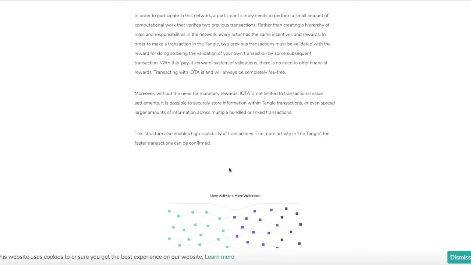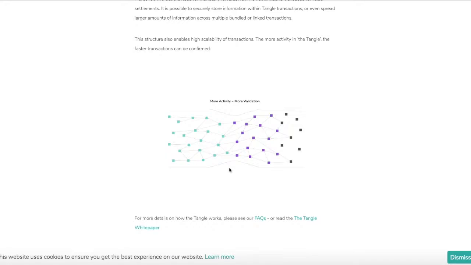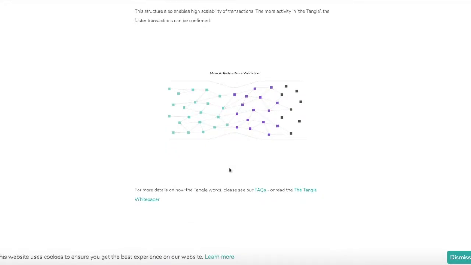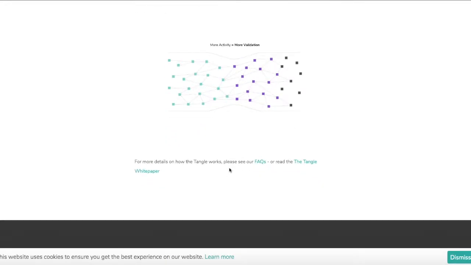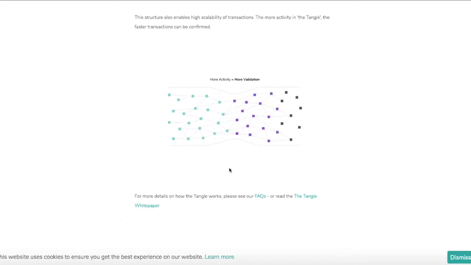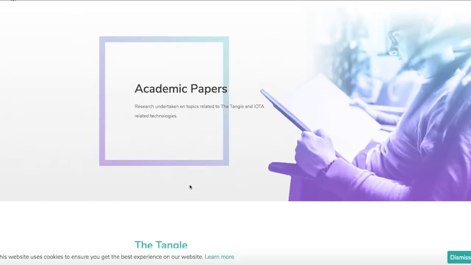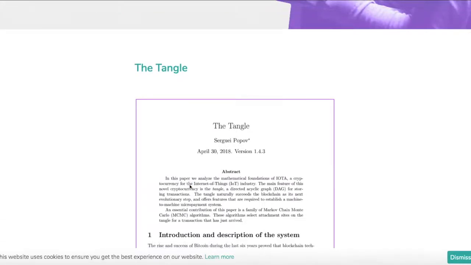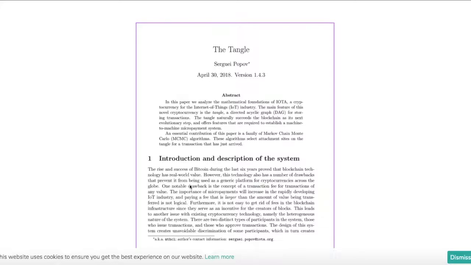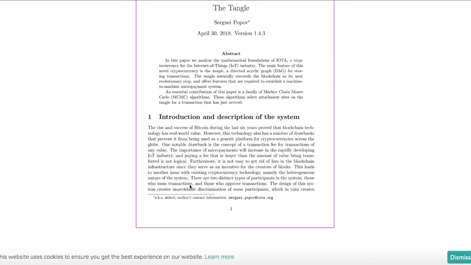What is IOTA's whole goal? What are they trying to solve? Well, they basically want to provide a scalable and secure solution to communicate and transact payments between machines and people on the Internet of Things by using the Tangle, or the directed acyclic graph, or DAG. In order for the Tangle or DAG to be validated, one transaction must approve two previous transactions or sites.